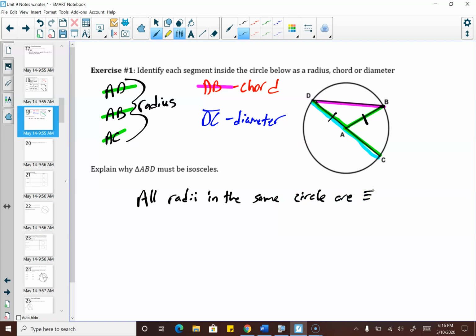Okay, so that means that AD must be congruent to AB because both are radii. All right, so since both are radii of the same circle, that means that triangle ABD has to be isosceles.